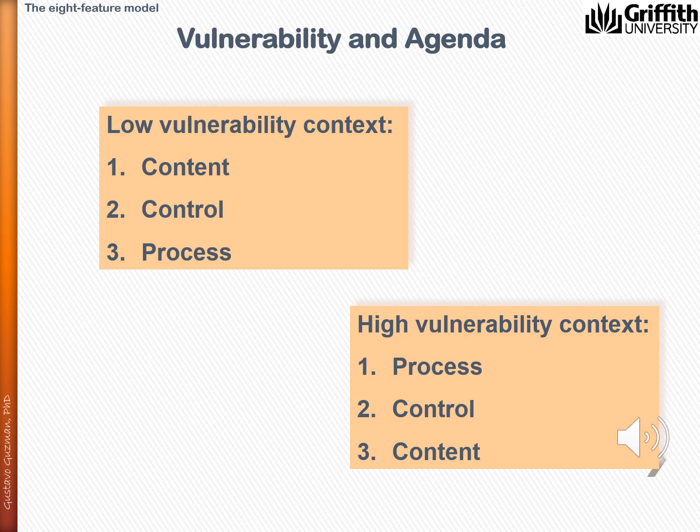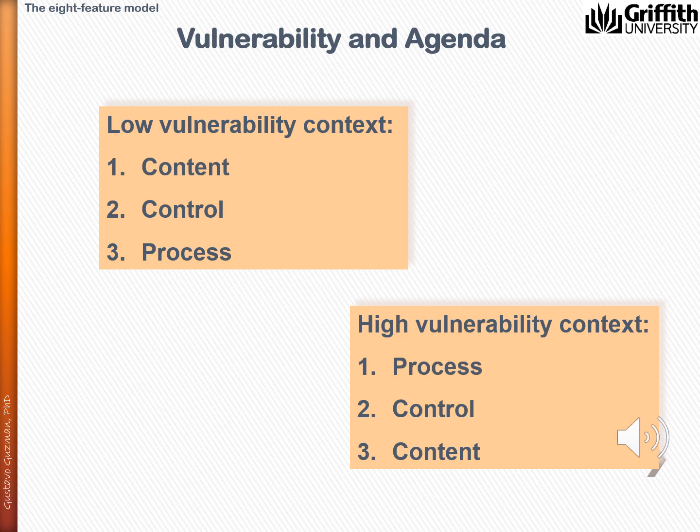The content of the project in high vulnerability projects is in third place because at the beginning of the project, the content, the goals of the project, the scope of the project are very unclear. They have not been defined. And that is why we need to focus on the process, in order to define and redefine and to arrive at an agreement regarding what to do in the project, regarding the scope of the project, regarding the features of the project.